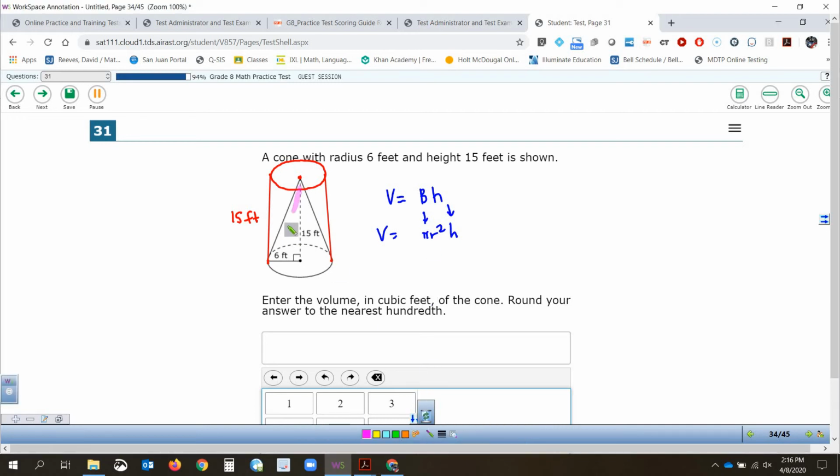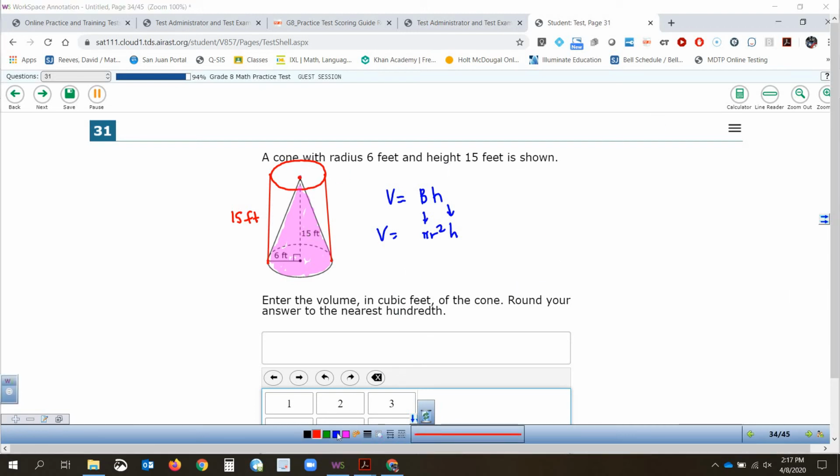The cone fits into the cylinder, right? And then the question is, how much smaller is it? Well, hopefully you remember from when you were studying this that it is actually 3 times smaller, or it is 1/3 of the volume, or you could fit 3 of these cones into that cylinder.